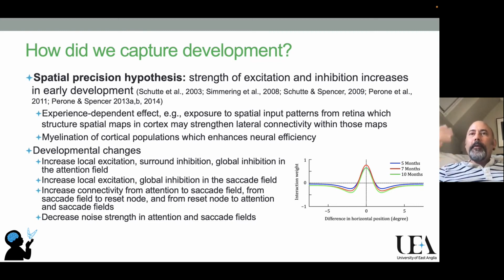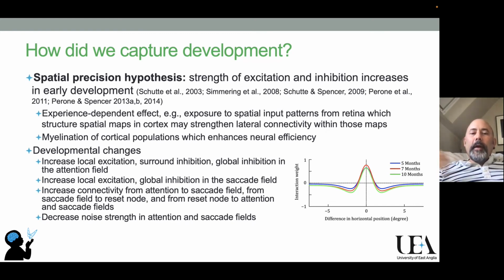So basically, through the experience of visually exploring the world around you, that starts to tune up spatial maps in cortex for left positions versus right positions. And as you tune up that connectivity pattern related to spatial positions in the world, you see increases in the strength of that connectivity pattern, both the strength of excitation and the strength of inhibition. So this may be an experience-dependent effect.